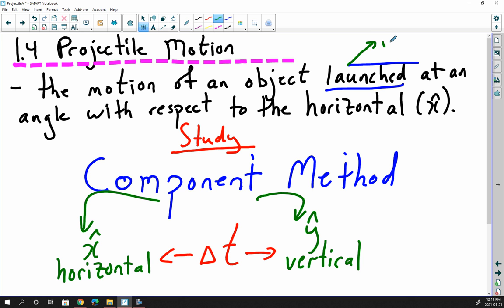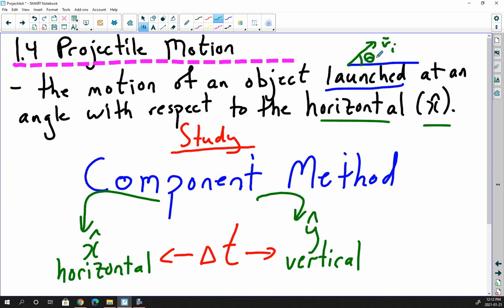It's given some initial velocity, and that initial velocity, look what it says here, is at an angle with respect to horizontal or x. So it's launched at an angle. That's a horrible theta. Let me fix that. It's launched at an angle to x, to the horizontal.